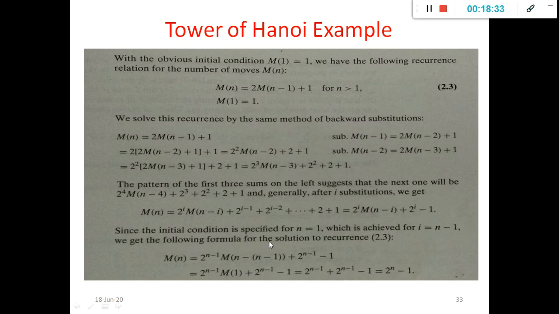Then to get the solution to the recurrence formula, you get the number of moves M of n equal to 2 raised to n minus 1 times M of n minus i, equal to 2 raised to n minus 1 minus 1, and after substituting and simplifying, you will get the value 2 raised to n minus 1. This is the time complexity for the Tower of Hanoi example, using the recursive algorithm to move all the disks from one tower to another tower.